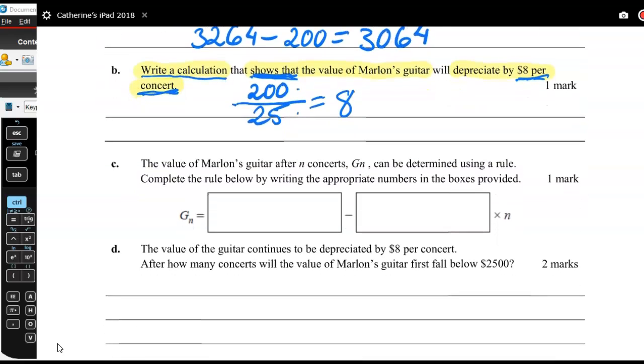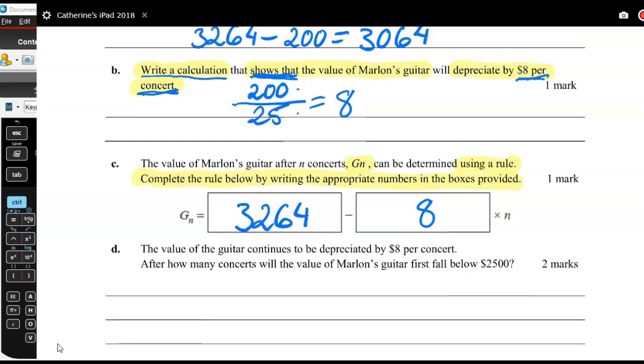The value of Marlon's guitar after n concerts, Gn, can be determined using a rule. So here we've got to find a rule. Complete the rule below by writing the appropriate numbers in the boxes provided. We've got Gn, and we know our G0 was 3,264, and we know that it goes down by $8 per concert, so that's why that times n is there.